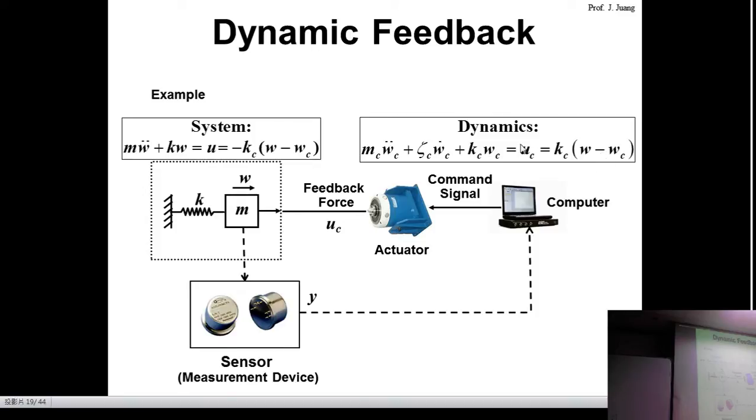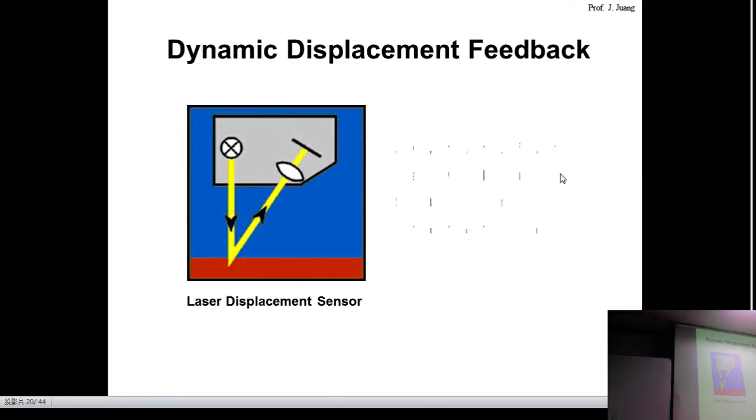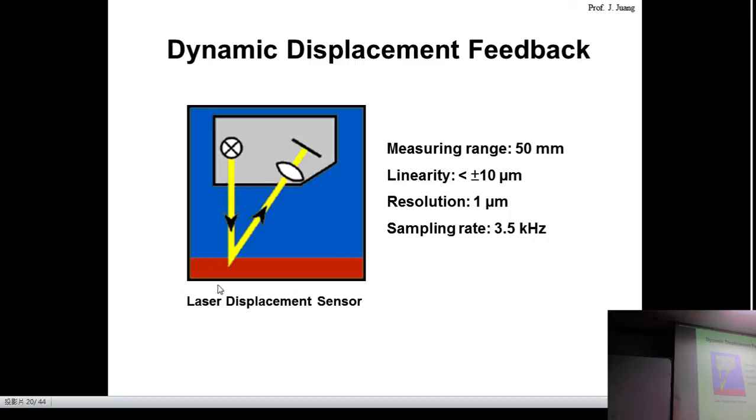and the system will have a real W, that's the measurement from W. And that's the one I want to do. All right. Okay, now what do I gain if I do that? Let me say, okay, now if this is the laser displacement sensor, and that is its specifications.